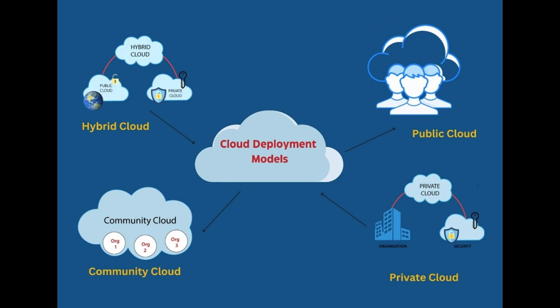Then private cloud means services are provisioned for exclusive use by a single organization, so no one will be sharing your resources. Obviously this type of model will be expensive because it is not shared. Then hybrid cloud means a combination of public and private clouds, allowing data and applications to be shared between them.